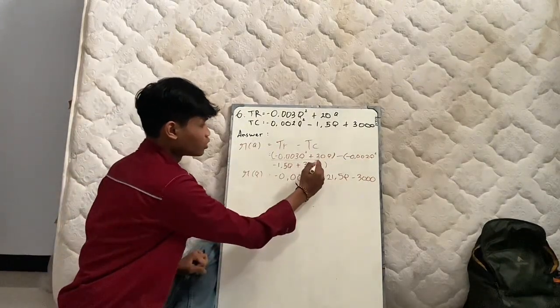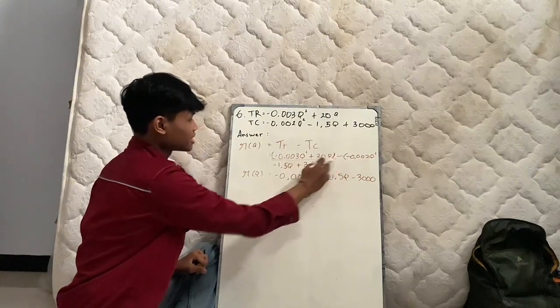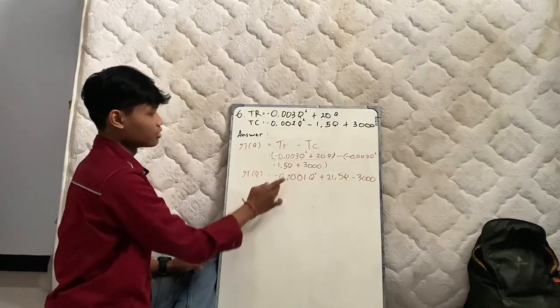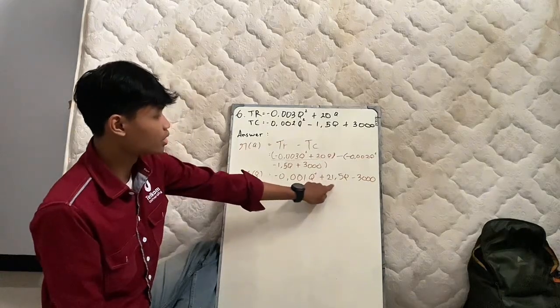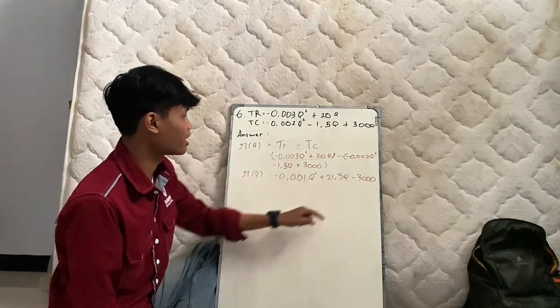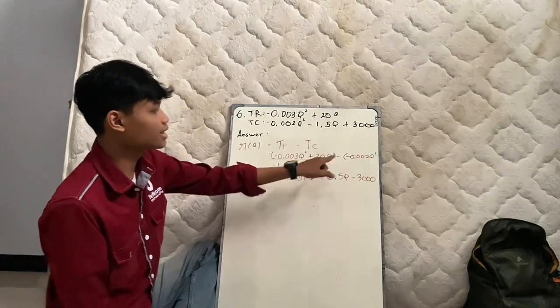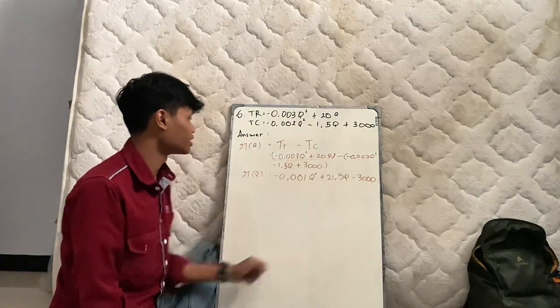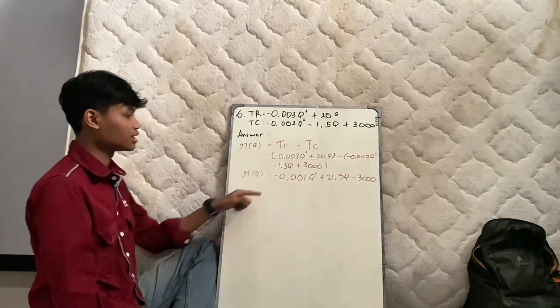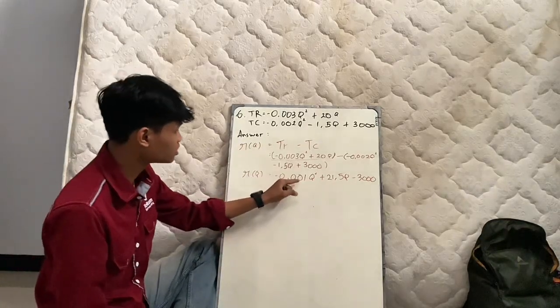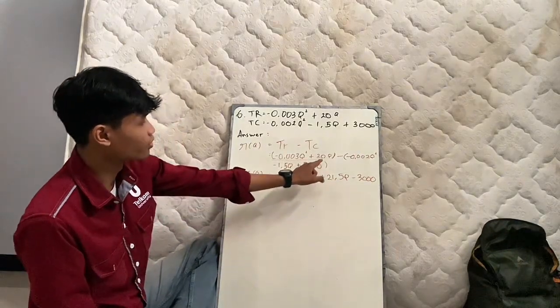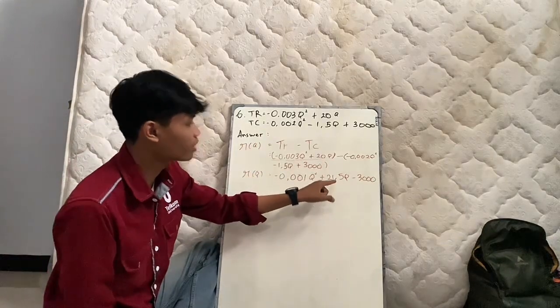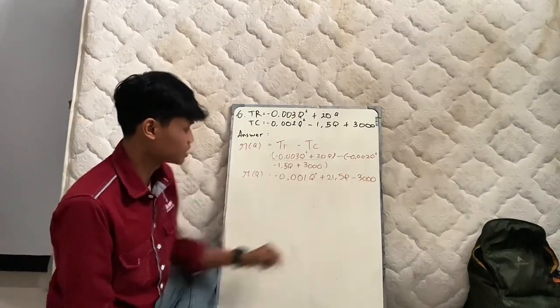Then plus 20Q minus 1.5Q, so the answer is plus 21.5Q, and the 3000 is put here, so the answer is minus 3000. So P(Q) is minus 0.001Q to the power of 2 plus 21.5Q minus 3000.